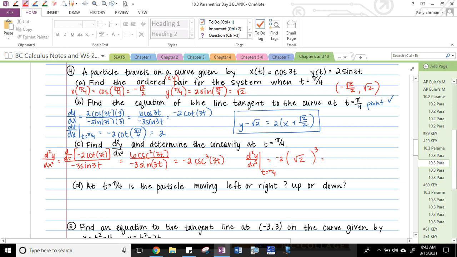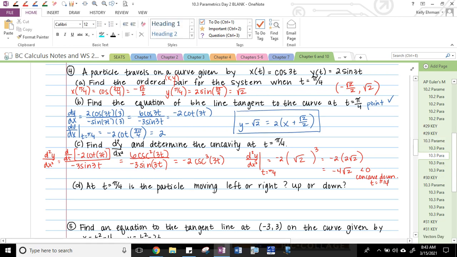Well, radical 2 to the third power is 2 radical 2, right? So negative 2 times 2 radical 2, and that's just equal to negative 4 radical 2. So since that's coming out less than 0, I can say concave down at t equals pi over 4.